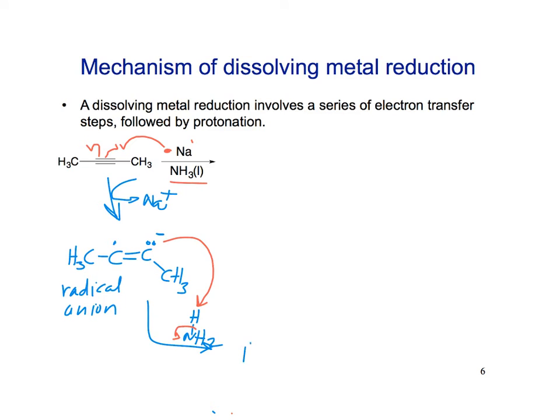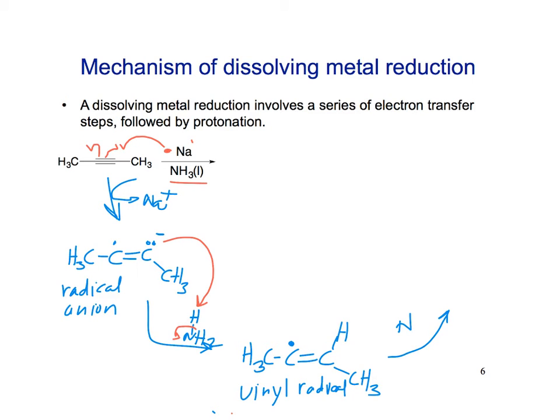This gives us this vinyl radical. Vinyl, remember, means it's on a double bond. All right, and so this is just an acid-base step. Now we repeat it all again.